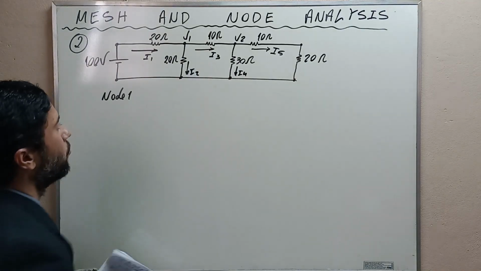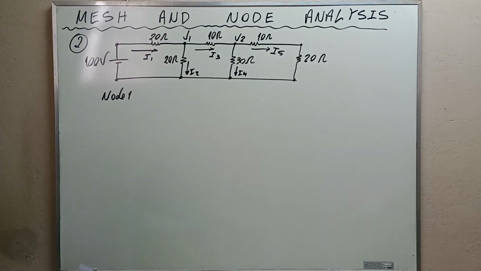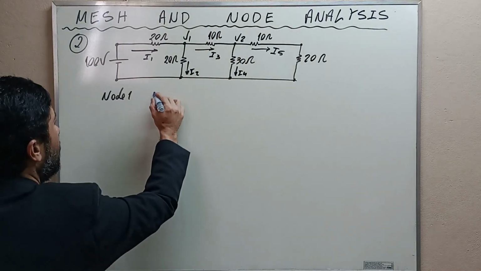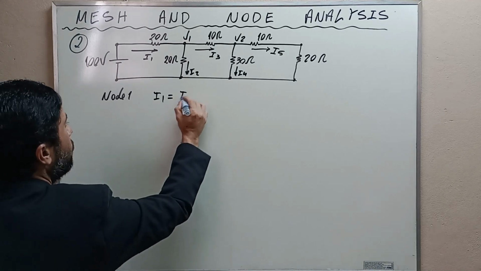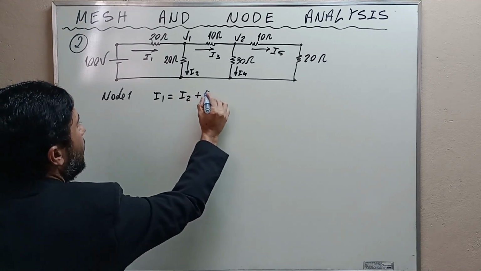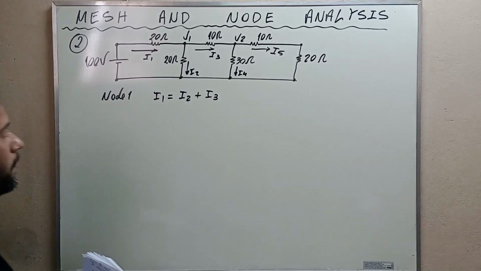I2 and I3, alright? Consequently, I1 will be equal to I2 plus I3, okay? And how can we write these currents in terms of voltage drops and resistances? We're going to do as follows.